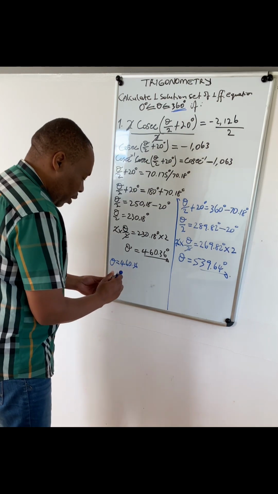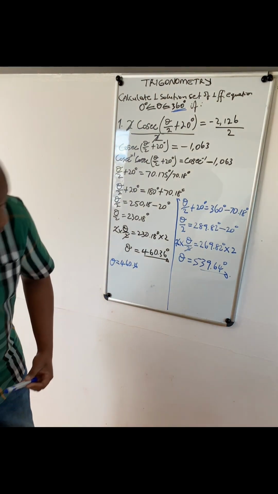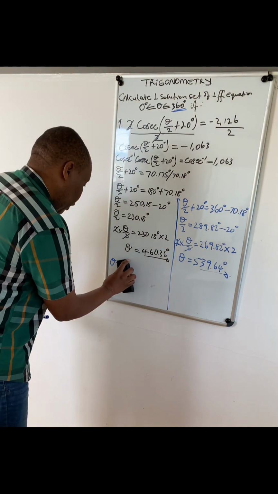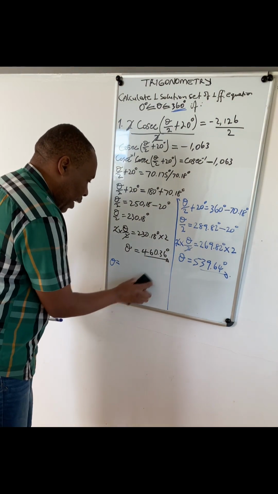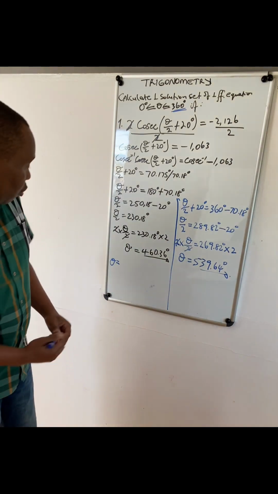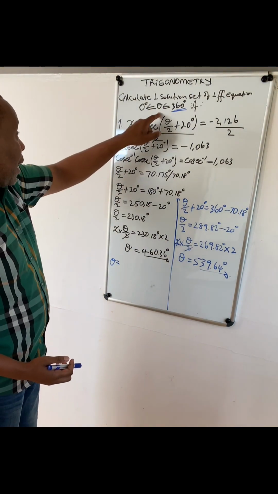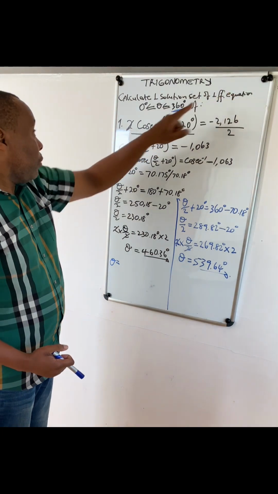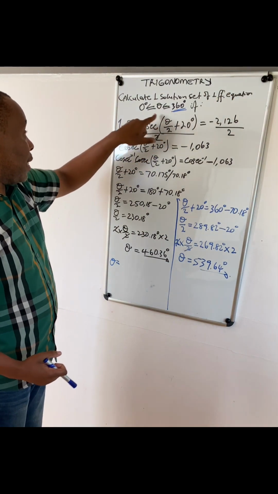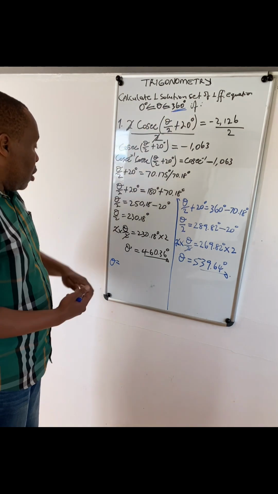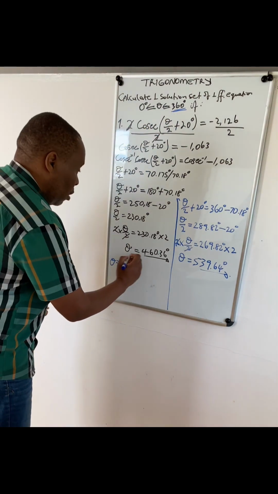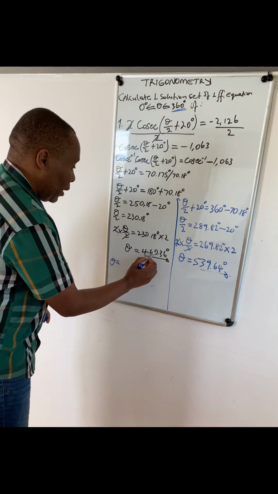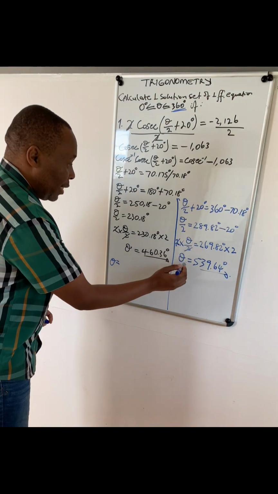When they ask us for theta, they've given a set of the following equation and gave us this range, this limitation. So we've got theta as 460.36 degrees and theta as 539.64 degrees.